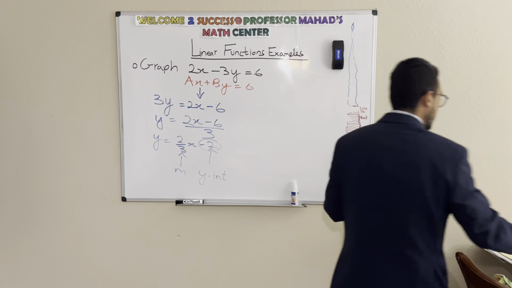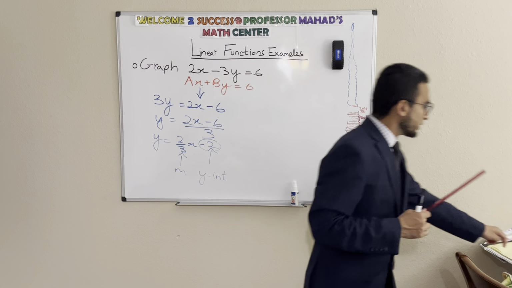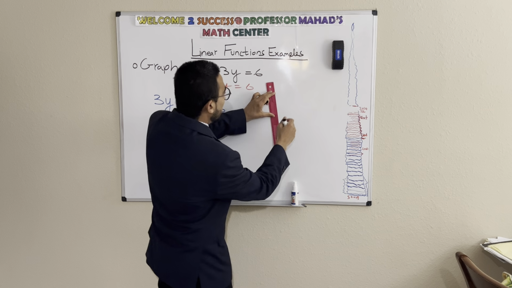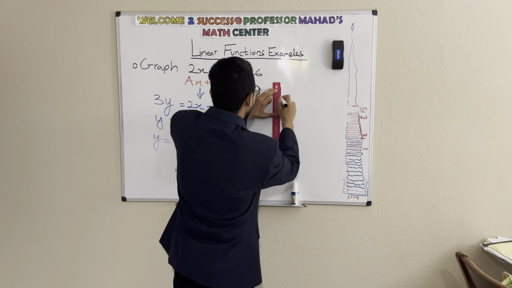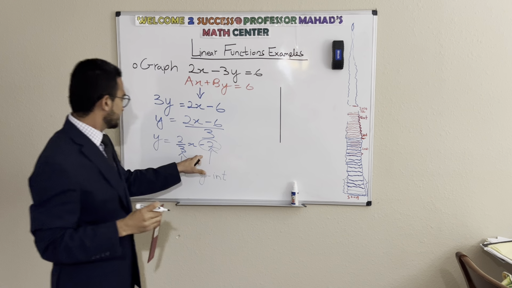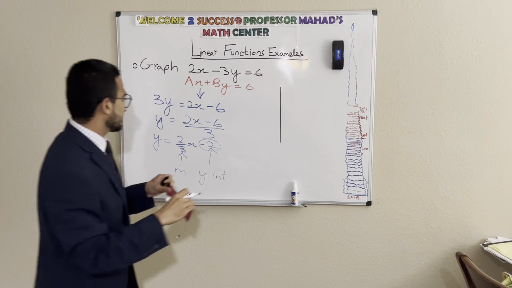Let us come to the plotting. So there you are, Mr. Scale. Let us plot the. So we know that our y-intercept is -2, right? And we need to find our x-intercept.